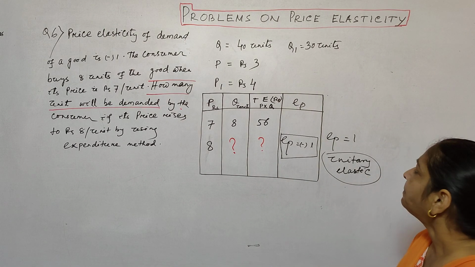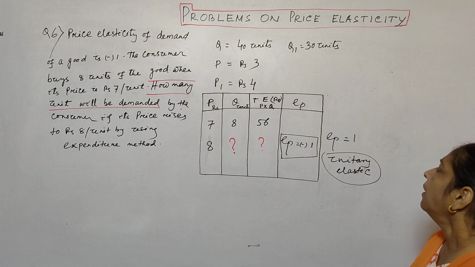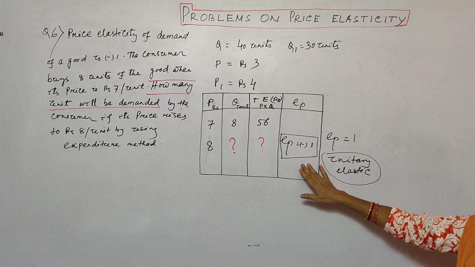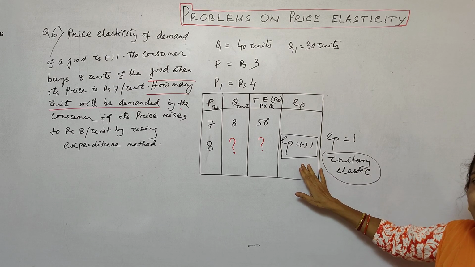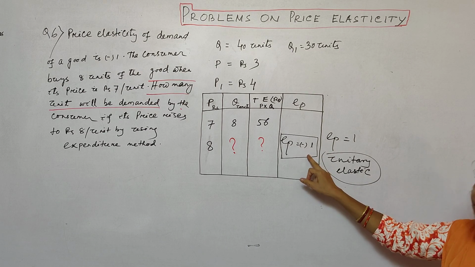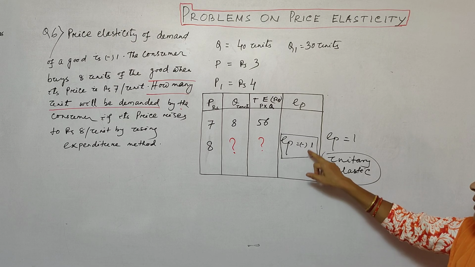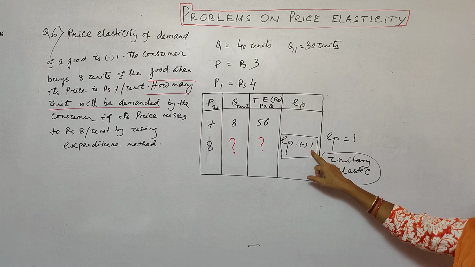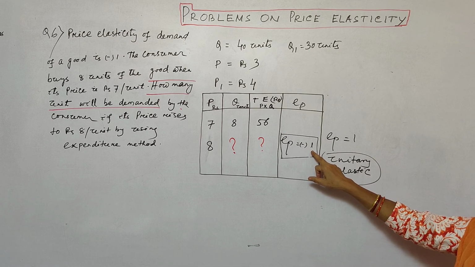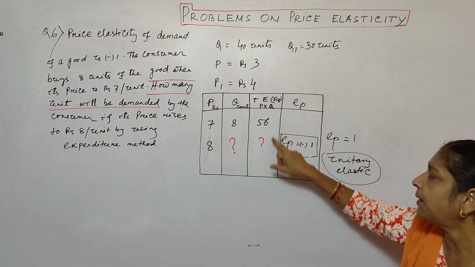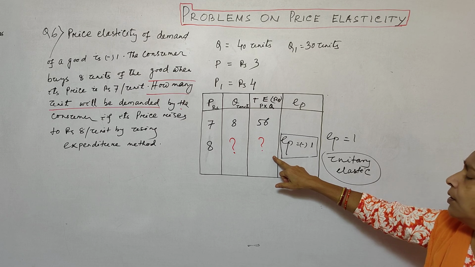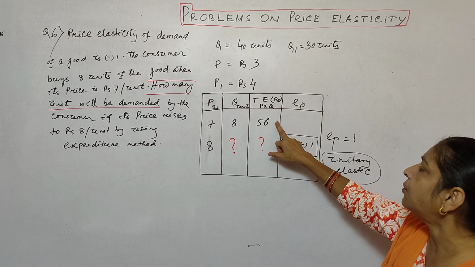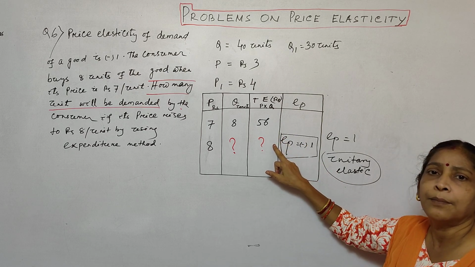Friends, we know that if with a rise or fall in price the total expenditure remains constant, then EP will be 1. In this case, they have given us the value of EP as 1, so we have to assume that the total expenditure will remain the same.